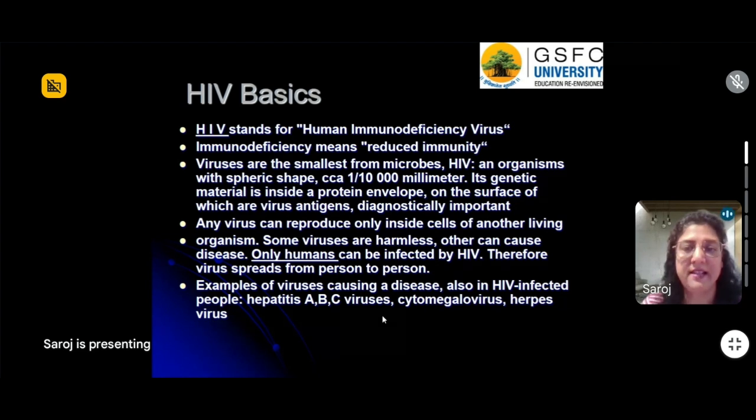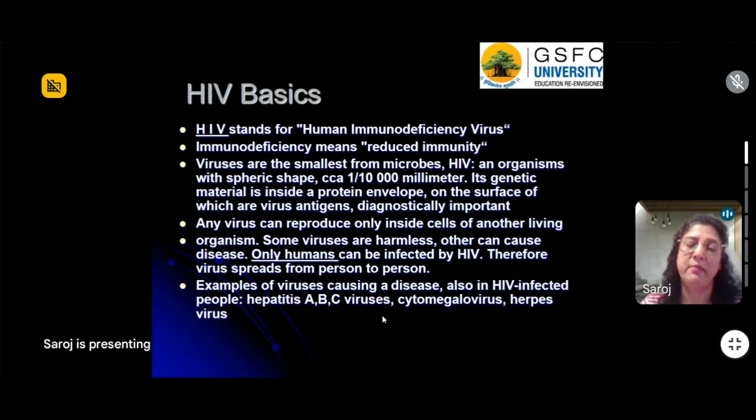Immunodeficiency means that we have less immunity. That means our immunity is reduced. They are very small microorganisms. We know that viruses are something which we of course cannot see with naked eyes, and are very difficult to see via a normal microscope. We also know that this is one category of pathogens which cannot reproduce without the help of living cells.